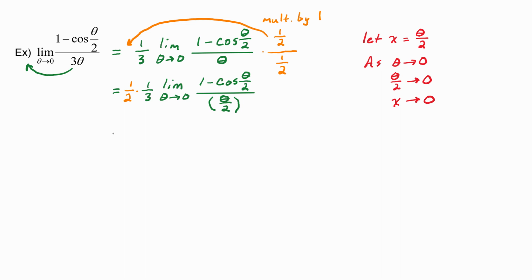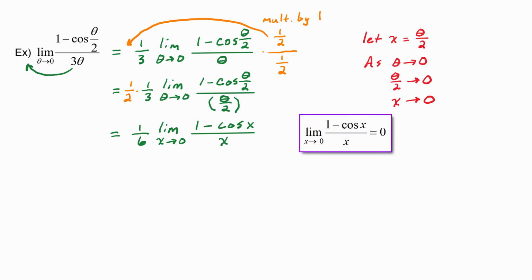So then this will become equal to 1/6 times the limit as x goes to 0 of 1 minus cosine x over x.